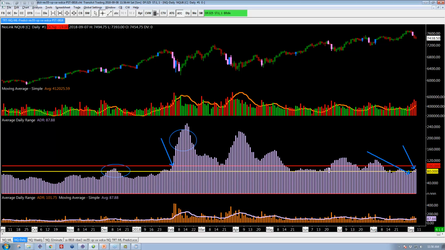There's more noise in the system. And so the 45 tick model is an attempt to help separate the signal from the noise in a noisier system. Okay.